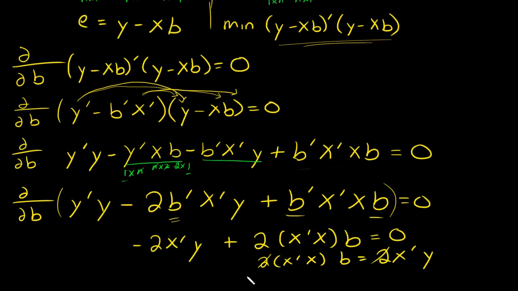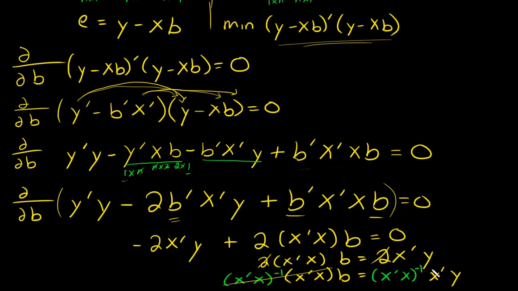So we'll have x prime x inverse times x prime x b equals, right, and if you did that in the front, you have to do it on the other side as well, x prime x inverse times x prime y, right? And now the inverse and the non-inverse version cancel each other. That basically becomes like an identity matrix, and you're left with just b.